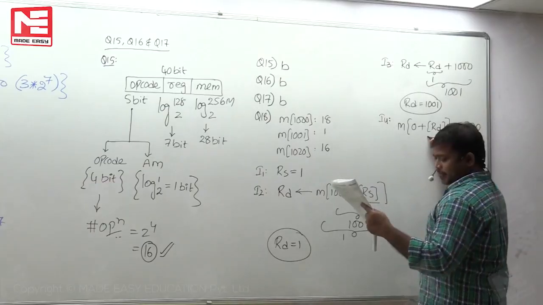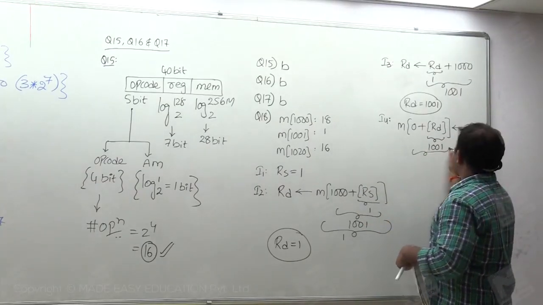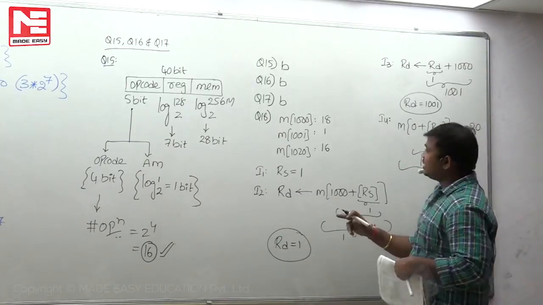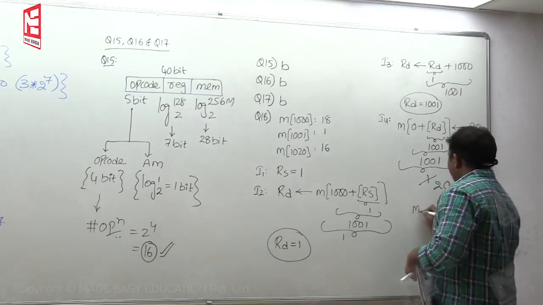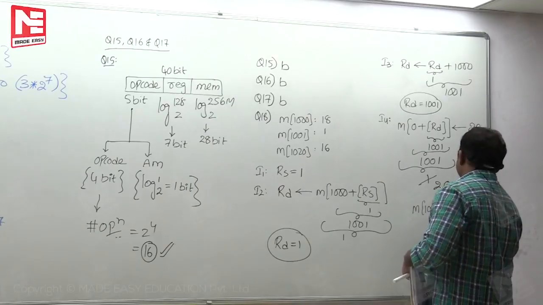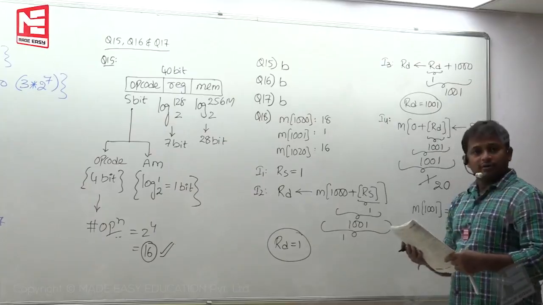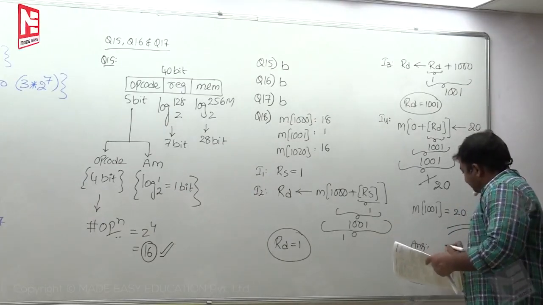So RD, what is there? 1001. Adding with 0, 1001. Memory location of 1001 contain 1. Now that 1 is changed to 20. So at the end of execution, memory location 1001 contain 20. Got the point? So answer is D.